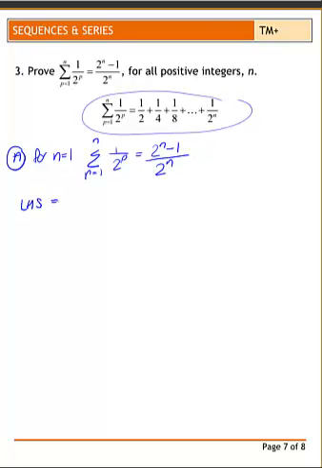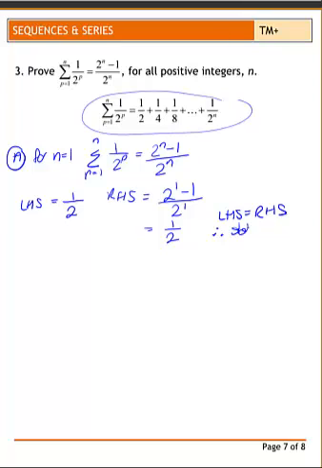So from there, my left hand side is going to equal just 1 over 2 because we're making that p equal to 1. My right hand side is going to be 2 to the 1 minus 1 all over 2 to the 1, which is simply a half. Left hand side equals right hand side, therefore statement true for n equals 1.